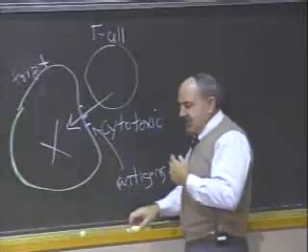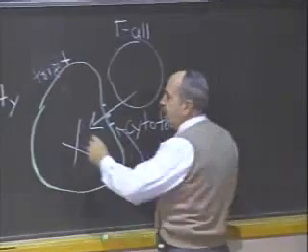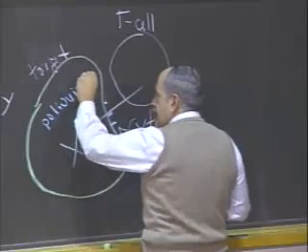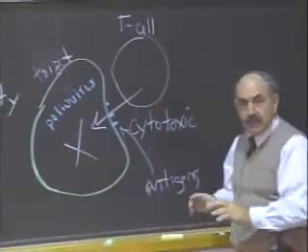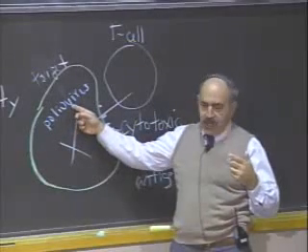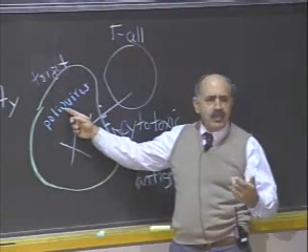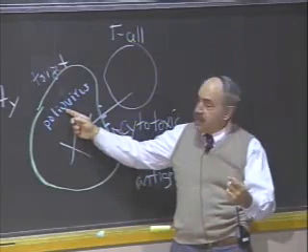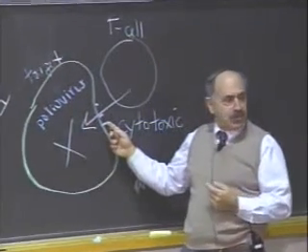Let's say this cell is infected by poliovirus on the inside. It turns out, interestingly enough, that the cell has a way, which we'll discuss, of processing poliovirus polypeptides, viral polypeptides, and displaying them on the cell surface.